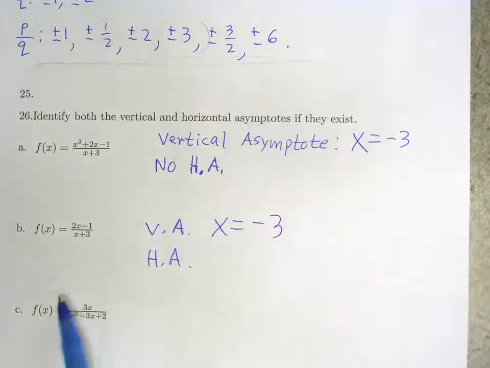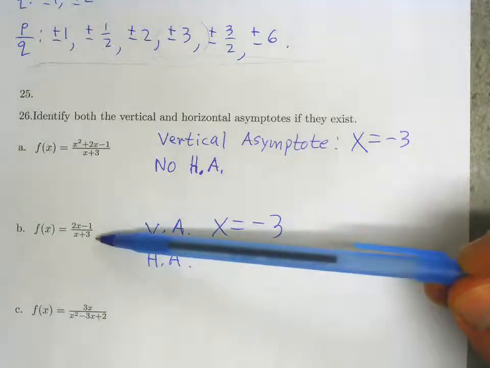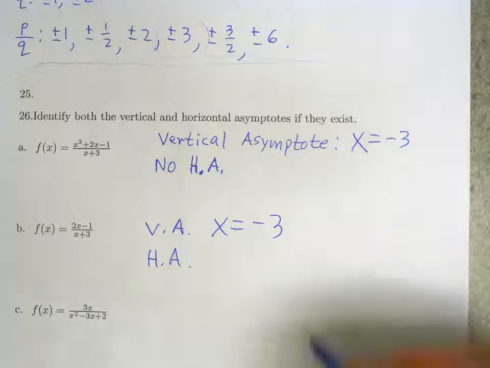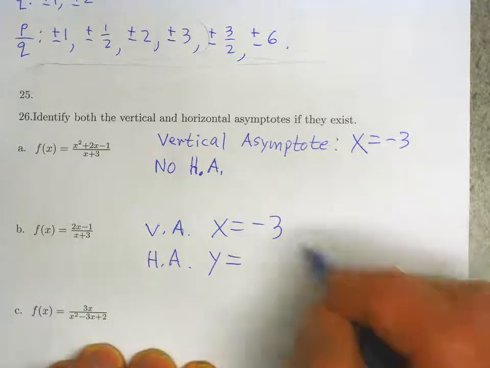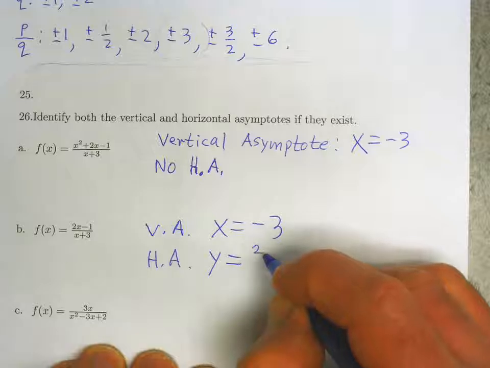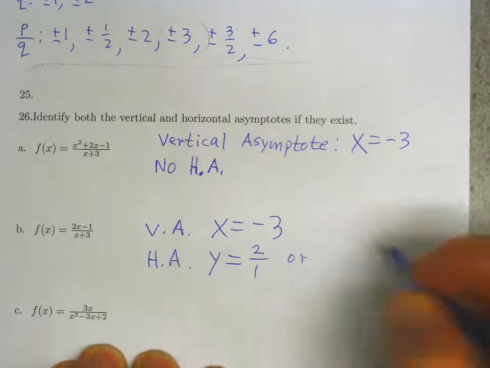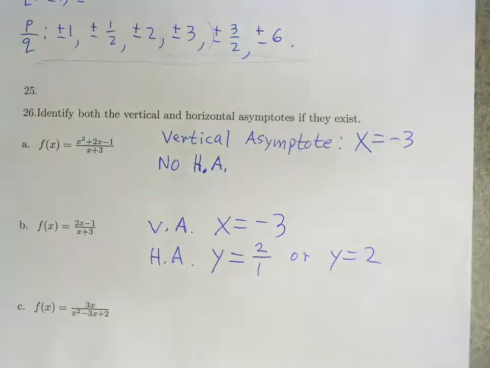Since the degree of the numerator is exactly the same as the degree of the denominator, they are both degree 1, there is a horizontal asymptote. It's y equals the leading coefficient of the numerator divided by the leading coefficient of the denominator. But 2 over 1, we just write y equals 2 as the horizontal asymptote.